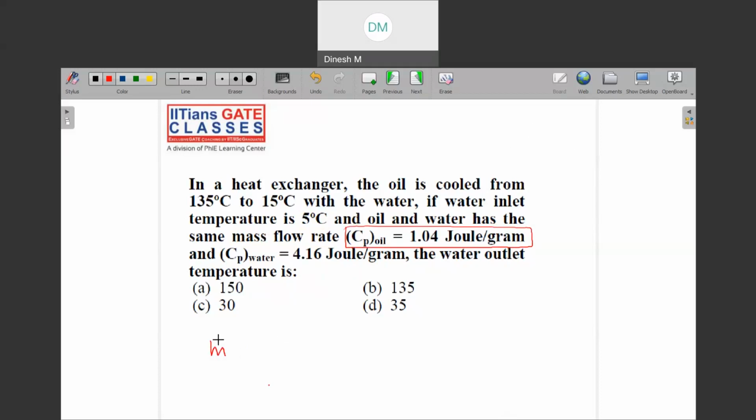Here what you need to do is m dot h Cph into delta T, or rather Th at inlet minus Th at outlet, is equal to m dot c Cpc into Tc. Yes, we need to find Tc, the temperature.